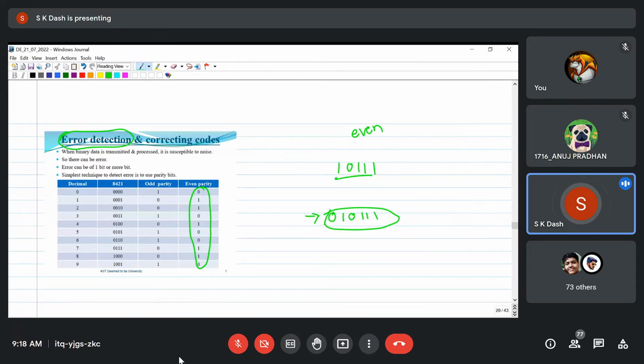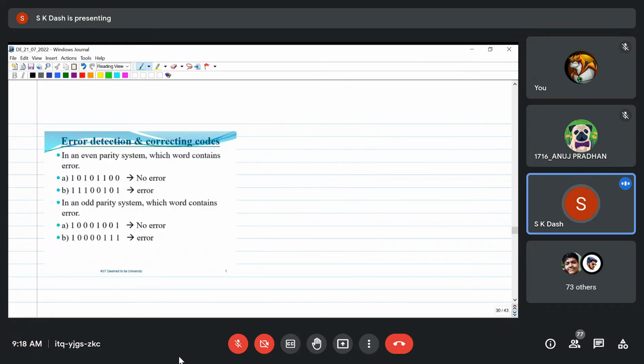So we see here how to find a 1-bit error, but we are not able to rectify it. Again, the same examples were given. Suppose something reaches the output, like in this question. In an even parity system, which word contains the error?